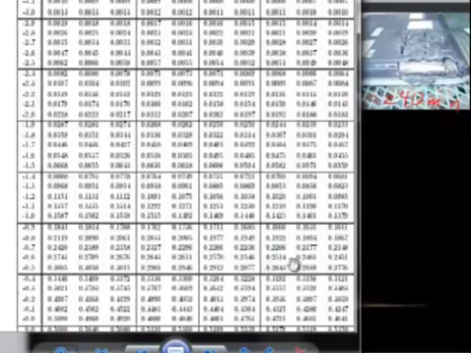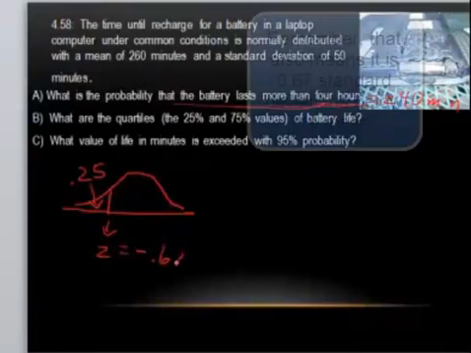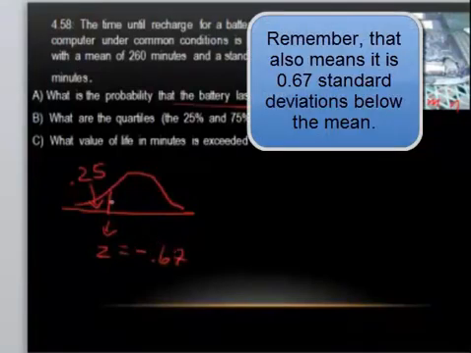Yeah, it's somewhere right around here, 0.25. So it's negative 0.67. That's our Z-score.